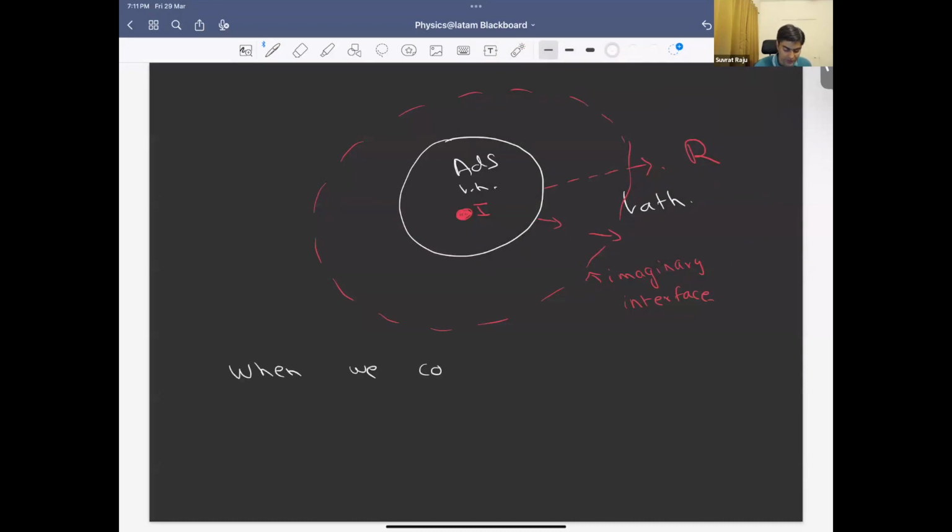When we couple, and this is something which is important to remember, when we couple gravity to a bath, the graviton picks up a mass.